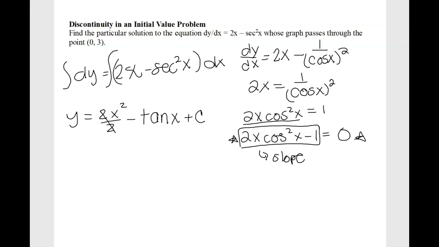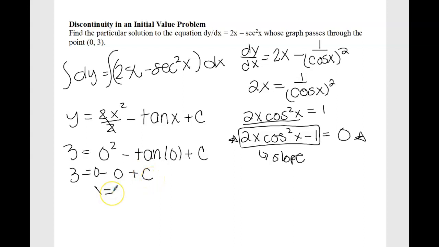And again, plugging in a 3 doesn't work for the derivative. So in this case, we get that our c value is equal to 3.